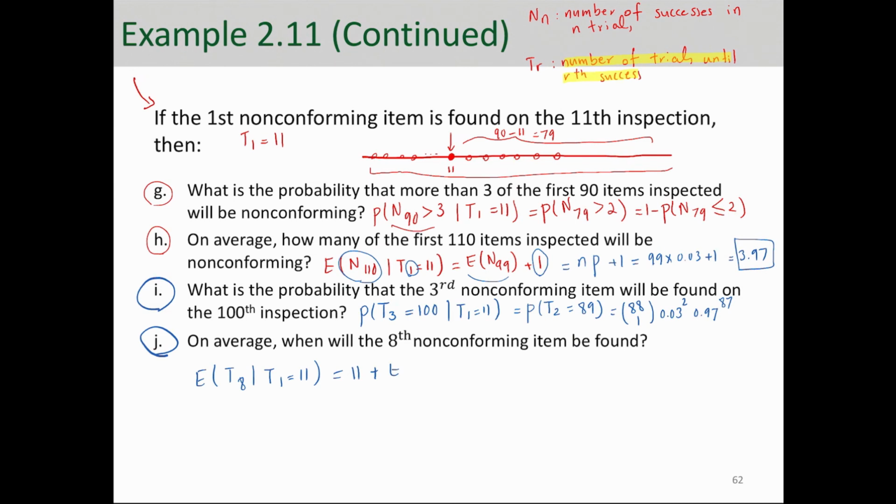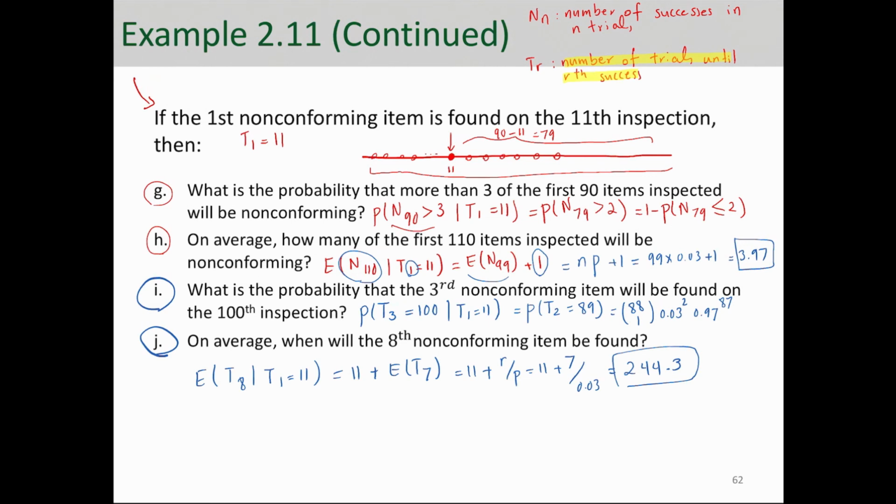By how much? By the expected value of T7. So that is 11 plus r over p, which is 7 over 0.03. That is 244.3.